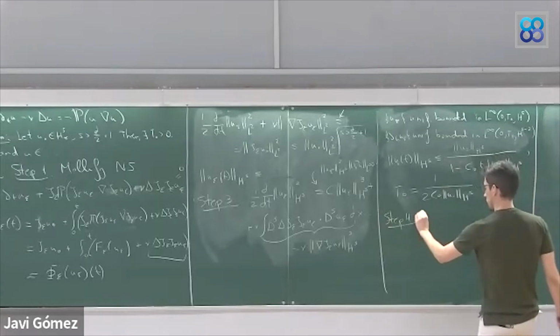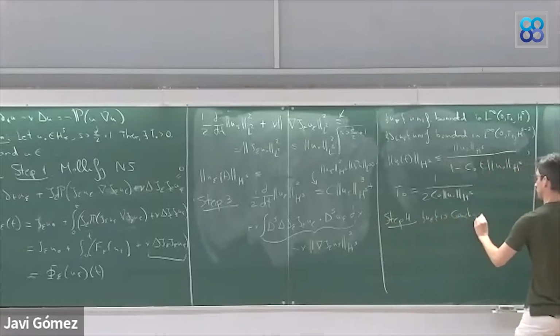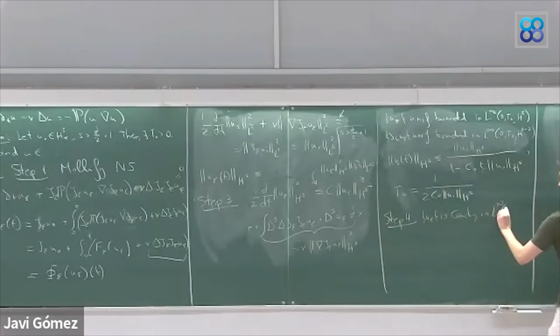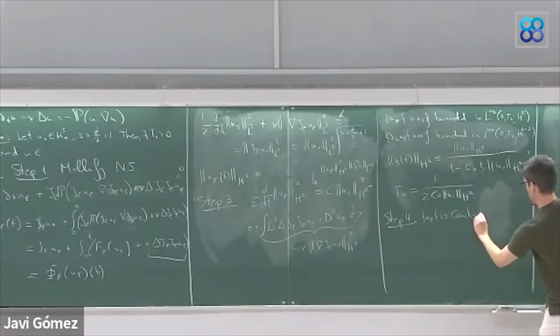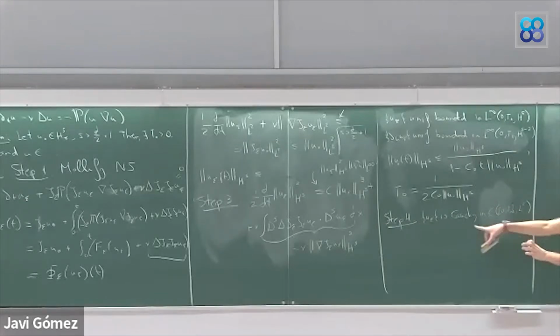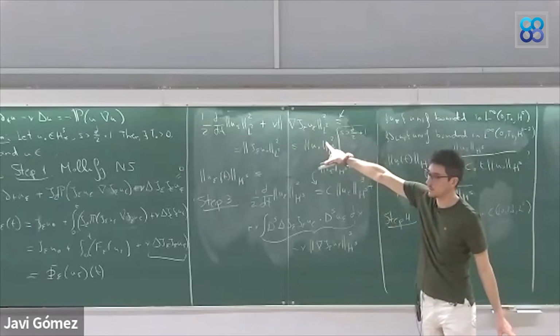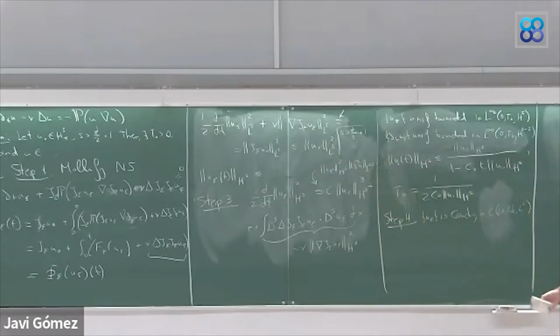We show that U epsilon is continuous in time with values in L2. This can be done exactly like the other day. Write U epsilon minus U delta, and do an energy balance, and then use Gronwall.